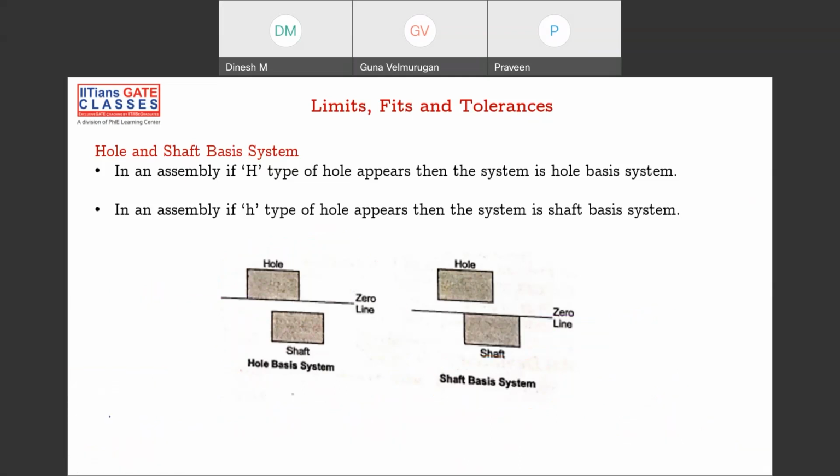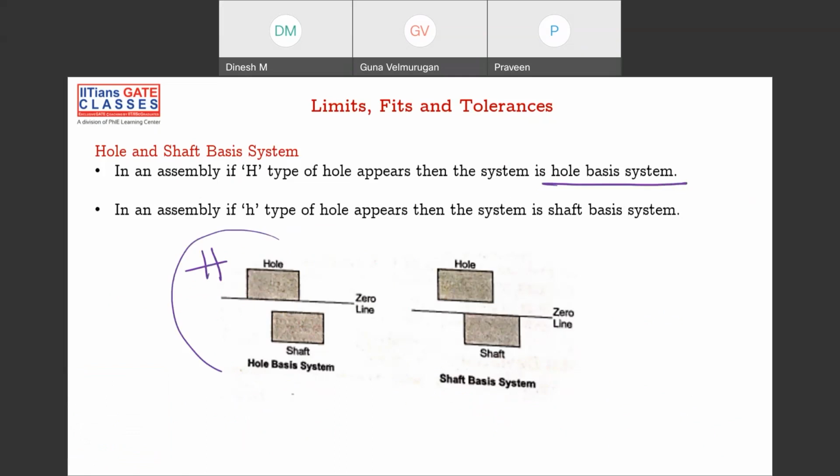Is it clear, guys? And I told you already, something which is referring to a hole is written in capital H, and if it is a shaft basis system, then you write a small h. So if you're writing capital H for the hole, then it is a hole basis system.